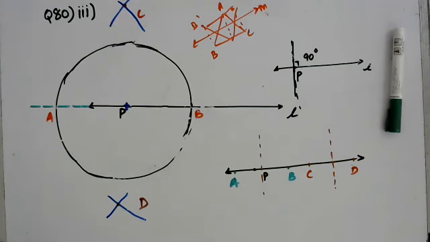Sir, it is not a problem for me at least that we draw an extra little line, because if that would not have been formed, the perpendicular would not have been formed. Because if we needed to make the perpendicular, we needed to make an extra part of this line. Yeah, okay.